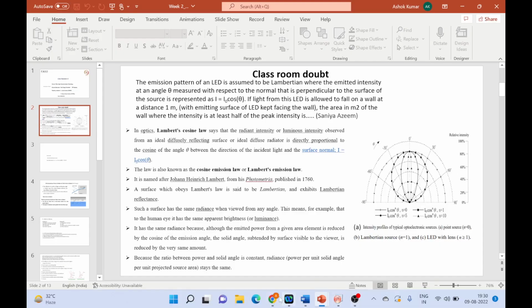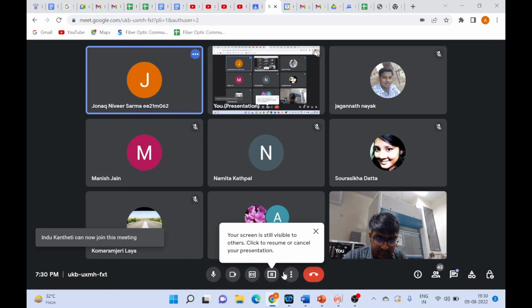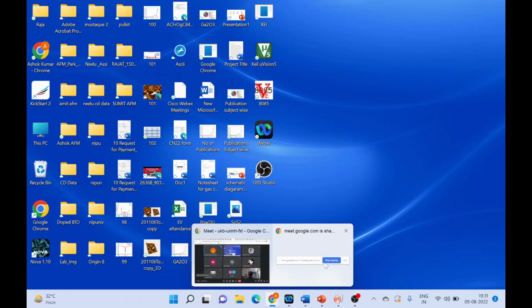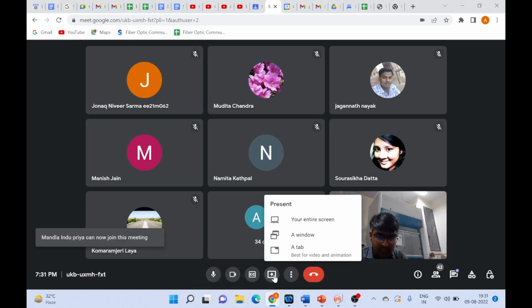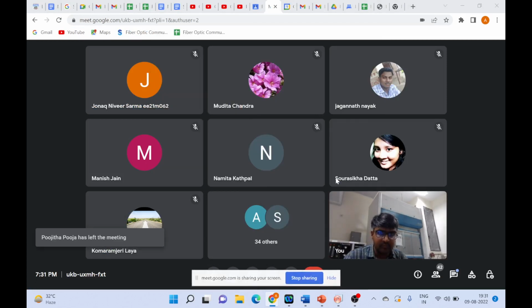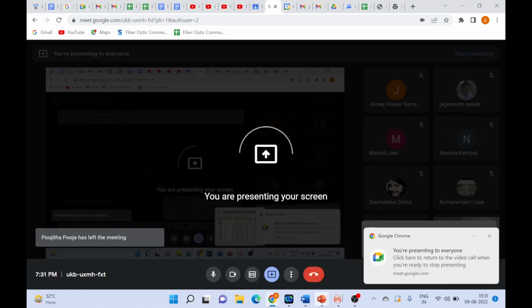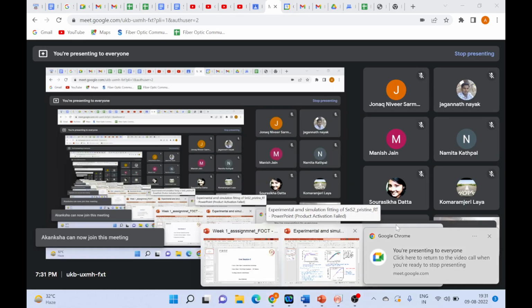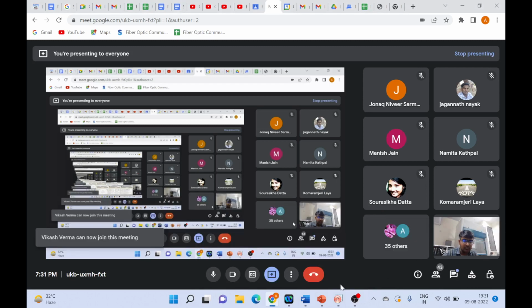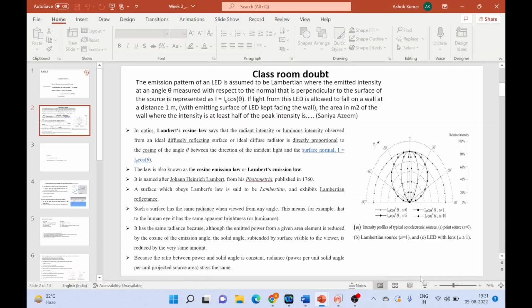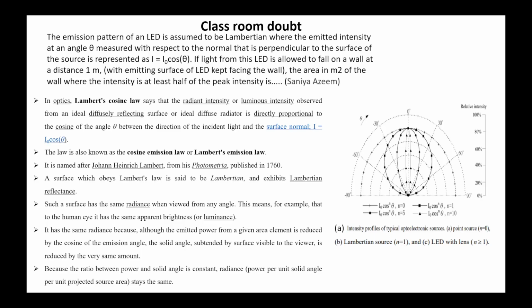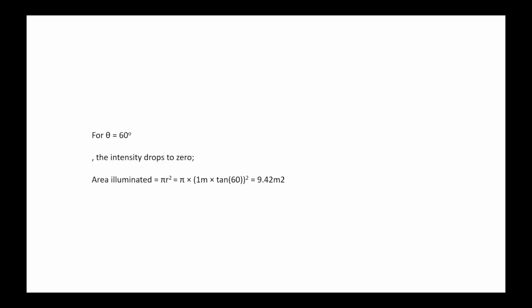Stop presenting once, again I have to present because I was presenting. Slide is visible. Yes, it is visible.